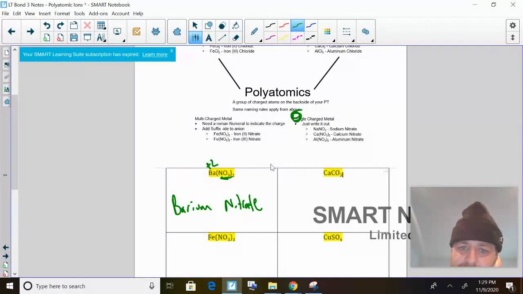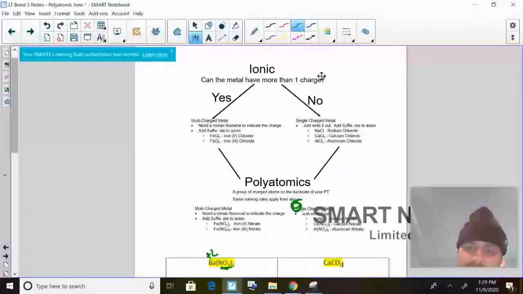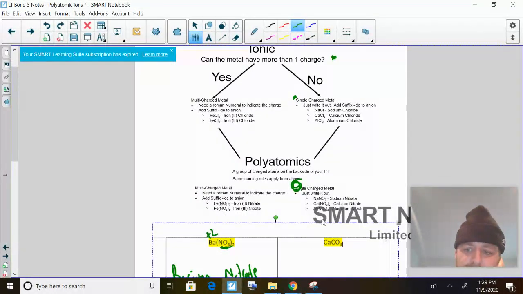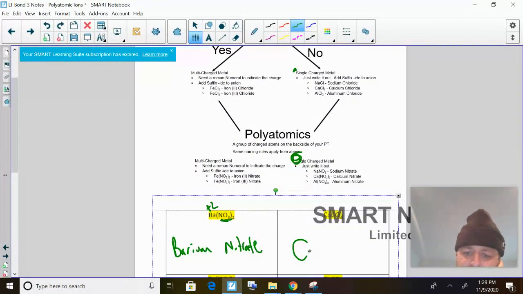Okay, so can calcium have more than one charge? That's what you have to ask yourself. That's what my flow chart says. And the answer is no, it can't. Calcium is always a +2. So calcium, Ca, it's always +2.